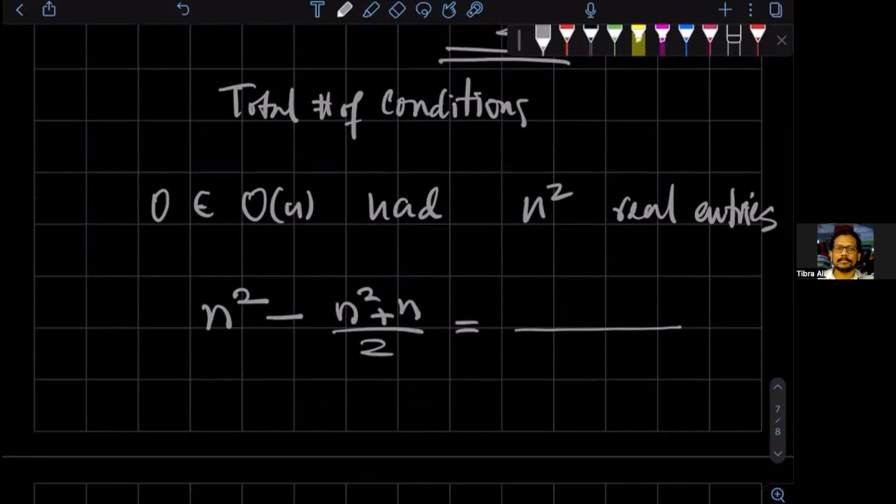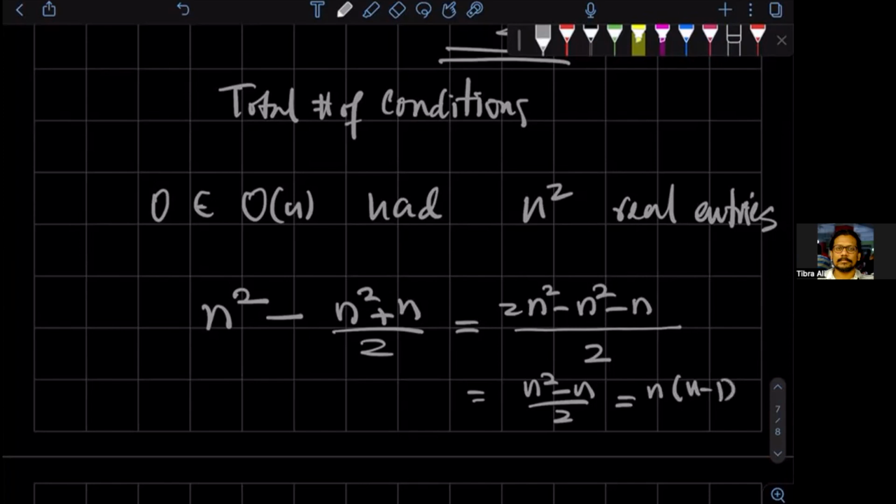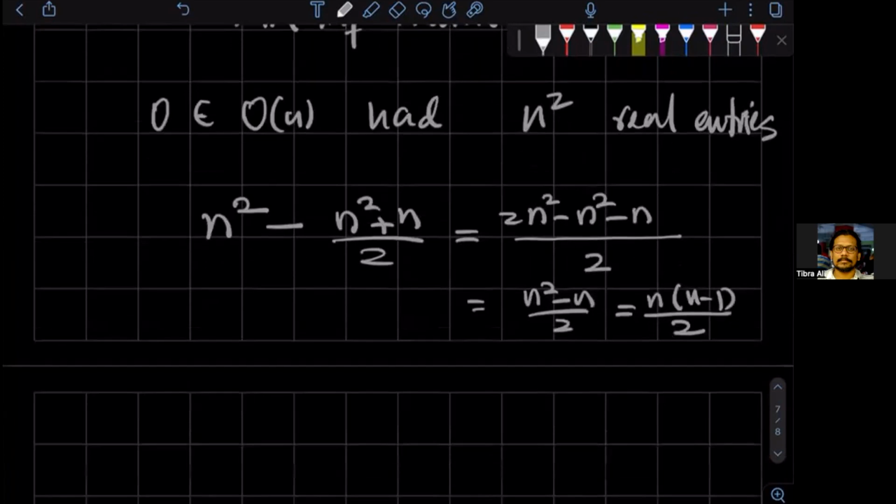If I do this, I get 2n squared minus n squared minus n over 2, so I get n squared minus n over 2, which is n times n minus 1 over 2.